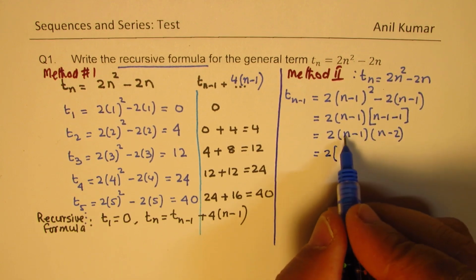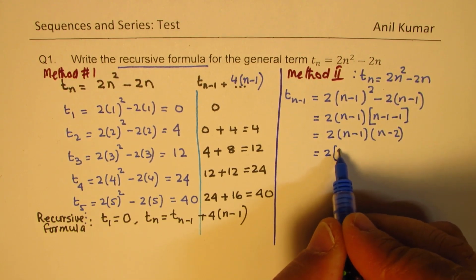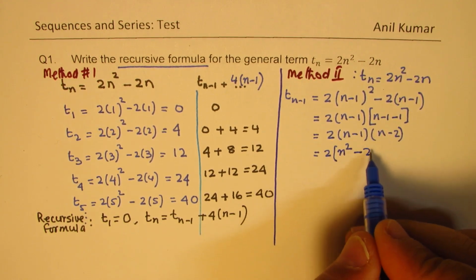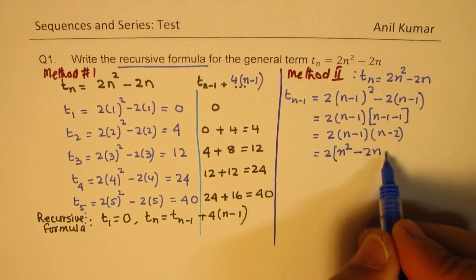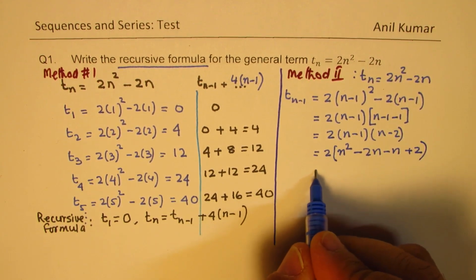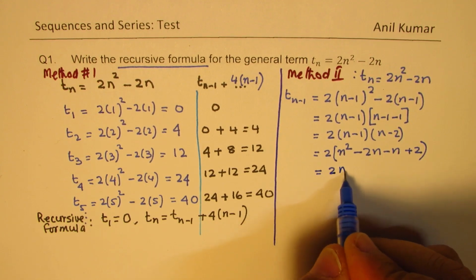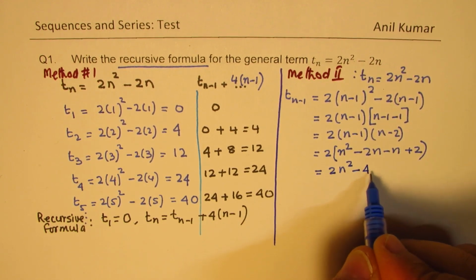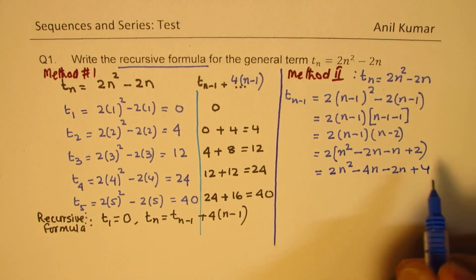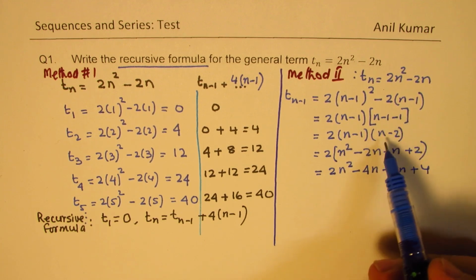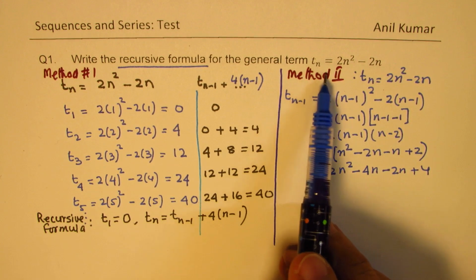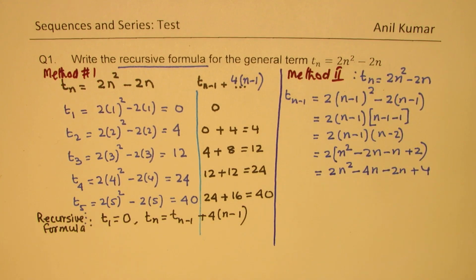We get 2 times n is 2n square, and minus 2n, and this is minus n, and this is plus 2. So we do get something like 2n square minus 4n minus 2n plus 4. So when you expand, you may or may not do these steps. Finally, you get this.